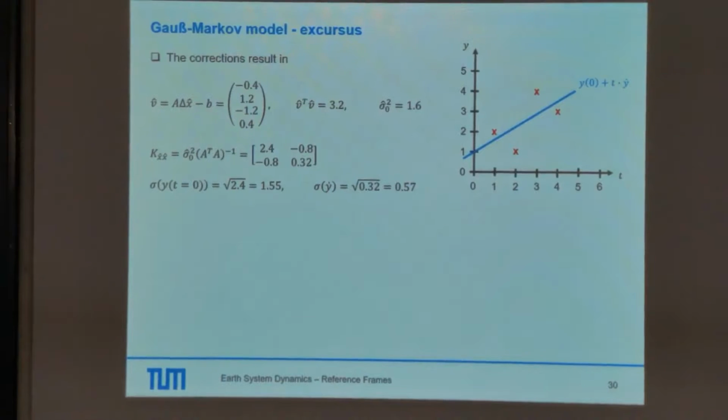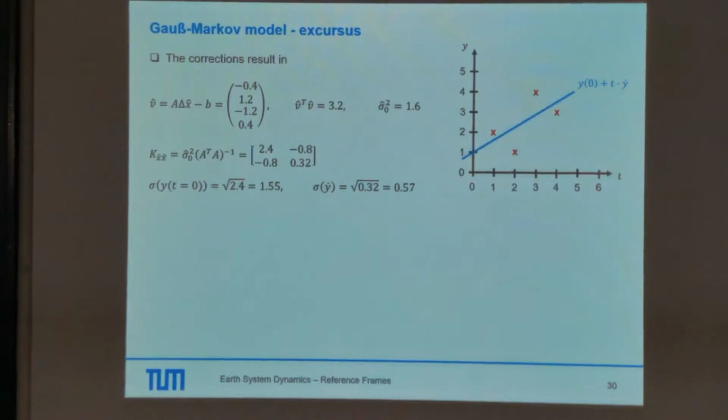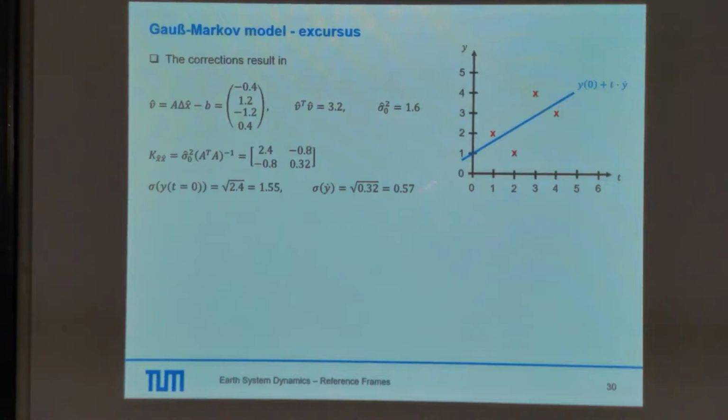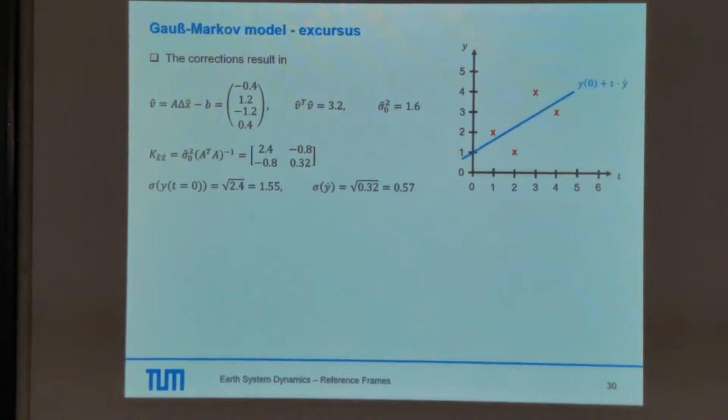So important take-home message is you have observations, a couple of observations, you have a vector of unknowns, and you can estimate these unknowns by minimizing the differences between the functional model, which is a formula you have to define, and the observations. Yeah? So this solution here, 1 and 0.6, give you the values for your functional model where the vector of corrections is minimal.